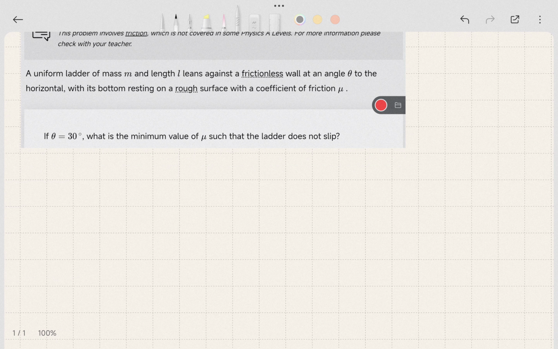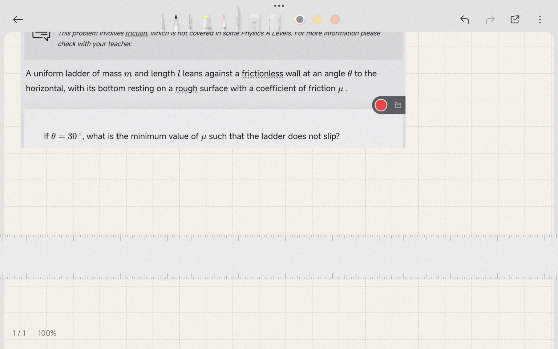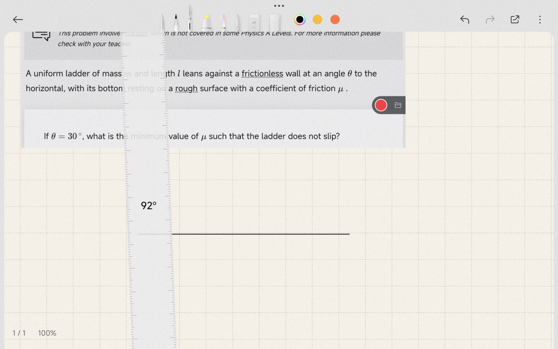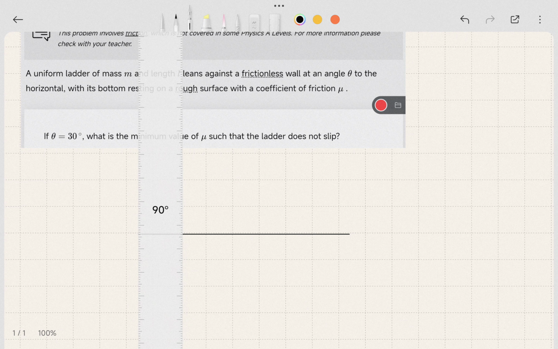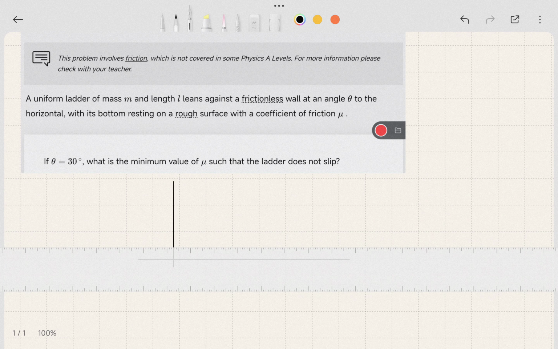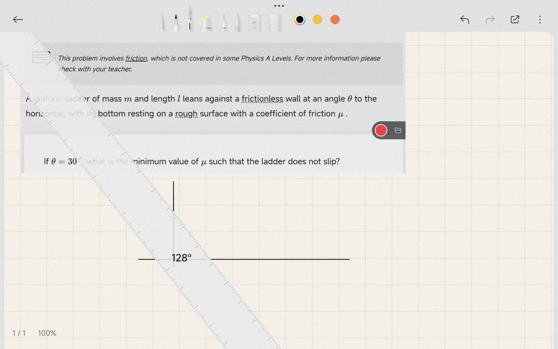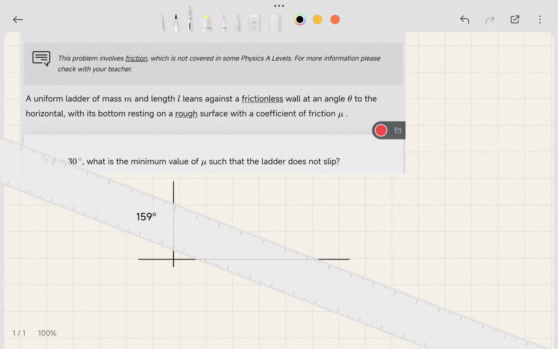So a uniform ladder of mass m and length l leans against a frictionless wall. So first what we do is draw the ground like this, and then draw a wall at 90 degrees. So this is a wall. And then there's a ladder leaning against it, as such.